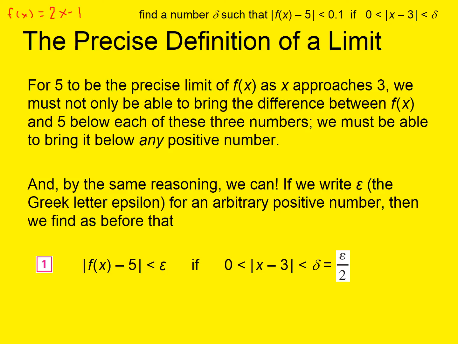So we're always going to make delta equal to epsilon over 2. Yes, it's that 2, that same 2. If that were 3 right there, we'd be saying epsilon over 3. But if we just make delta epsilon over 2, we're always going to be able to come up with a delta that works.